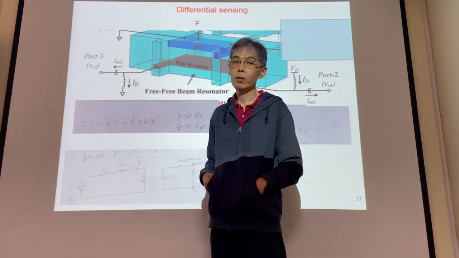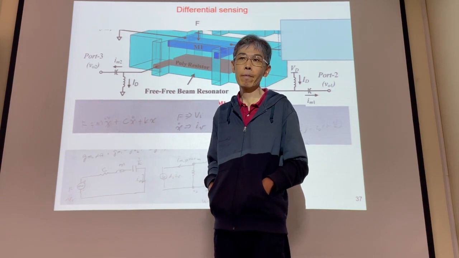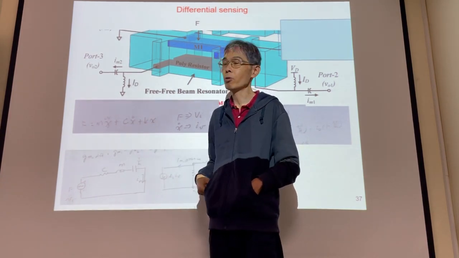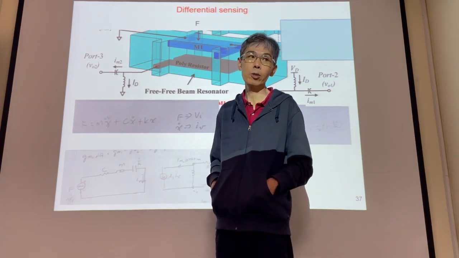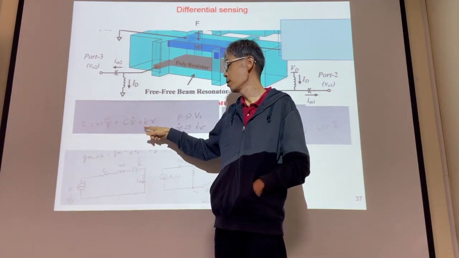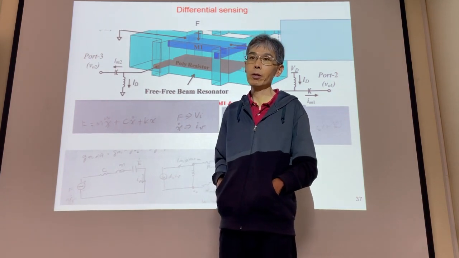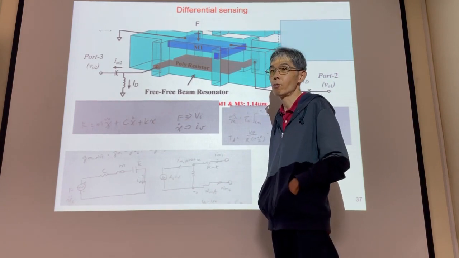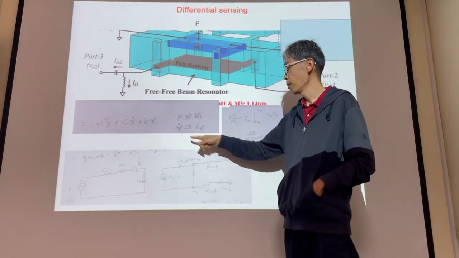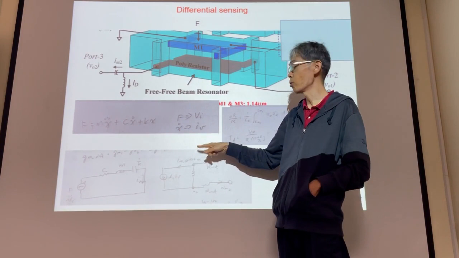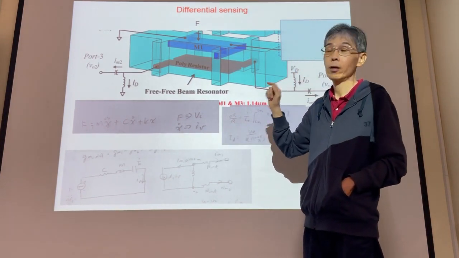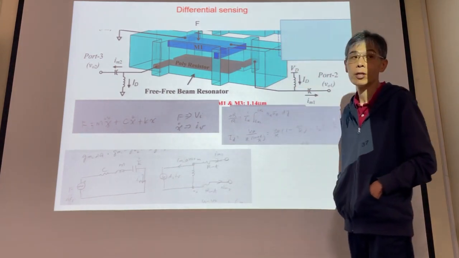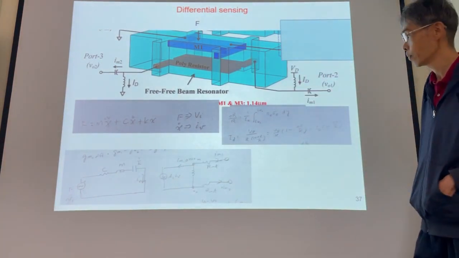C, the damping, is equivalent to a resistor, and K, the spring, is equivalent to a capacitor. And force F is equivalent to voltage. Velocity is equivalent to current. So we can turn this model into an equivalent electric model.